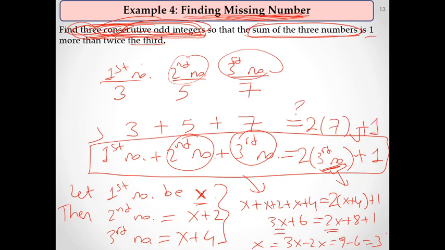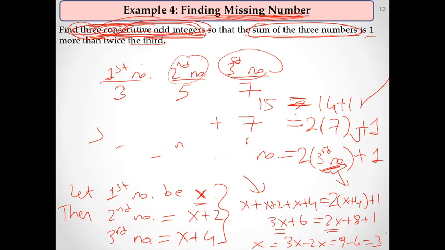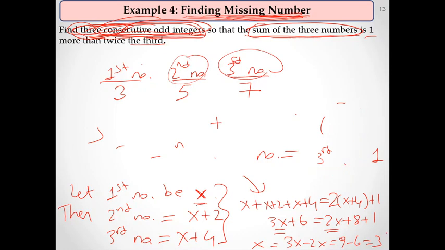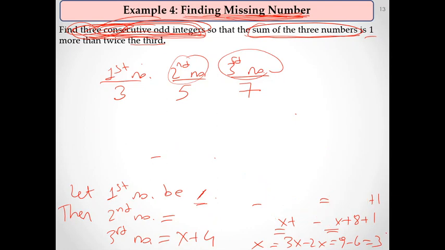This turns out to be 15, and this turns out to be 14 plus 1, so it looks true. We checked. It satisfies the conditions on the numbers. So the numbers are 3, 5, and 7.